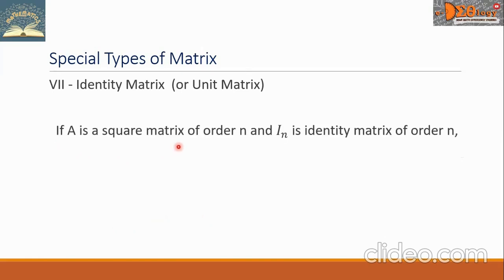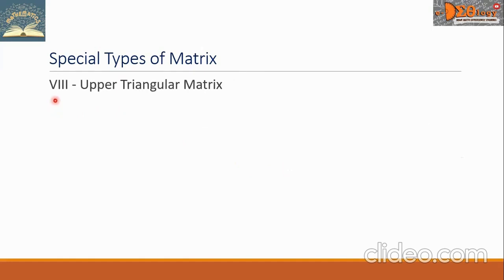If A is a square matrix of order n and I sub n is identity matrix of order n, then the product A times I sub n is equal to I sub n times A is equal to A. Eighth type is the upper triangular matrix.